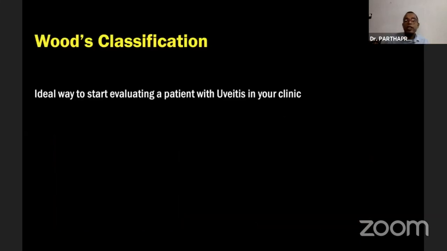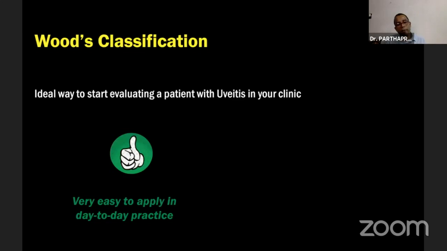So Wood's classification or clinico-pathological classification may be an ideal way to evaluate a patient with uveitis in your clinic. It can give you very important findings to start examining, lead to the clinical signs and investigate your laboratory tests. On the pros, this classification is very easy to apply in your day-to-day practice.